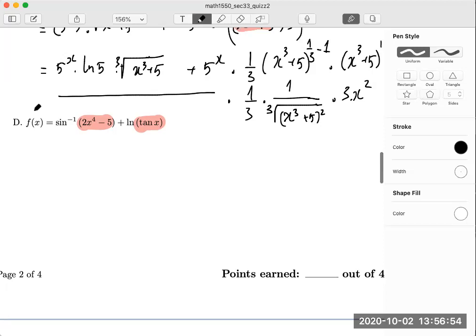Now we take the derivative of this guy. This is the derivative of a sum, right? It will be the sum of the derivatives. Remember, the derivative of sine inverse of something, let us call it u, where u is 2x to the 4th plus 5 in this case, okay?